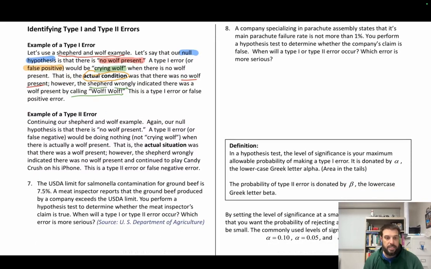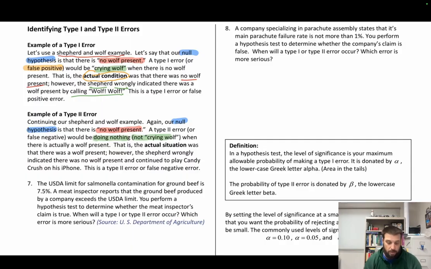All right, an example of a type 2 error, continuing with our shepherd and wolf example. Again, our null hypothesis is that there is no wolf present, and a type 2 error, or a false negative, would be doing nothing. So you're not crying wolf at all.